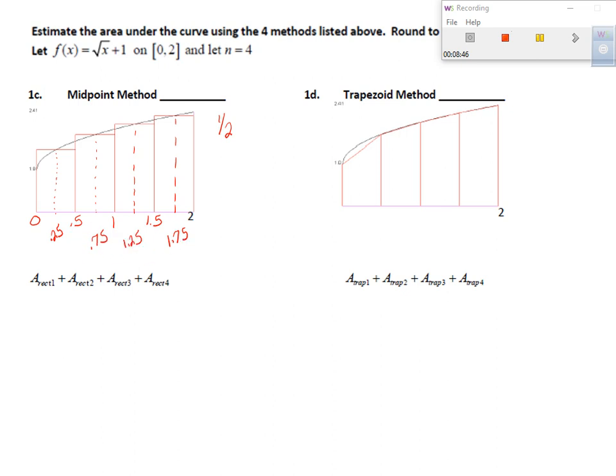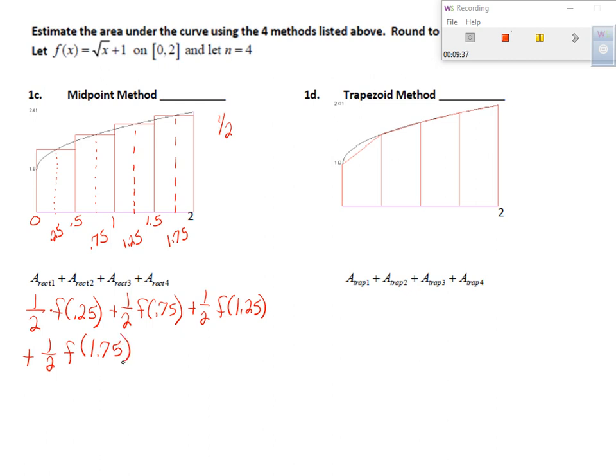Now, how's this going to look? Well, I need to do this. The area of the first rectangle has a width of 1/2, but I need to multiply it by f of 0.25. And then I need to add to that the 1/2 times f of 0.75, because I need these heights here, plus 1/2 of f of 1.25 plus 1/2 of f of 1.75.